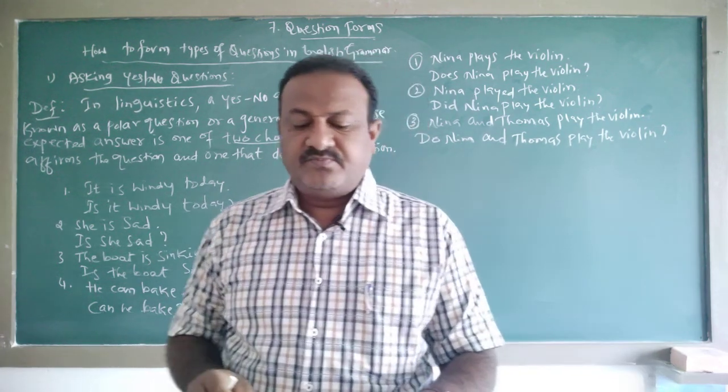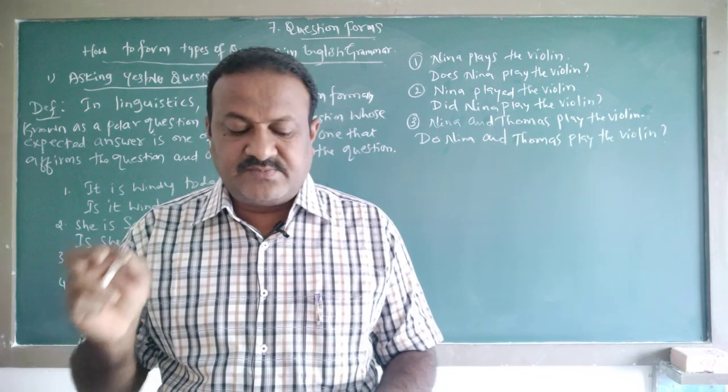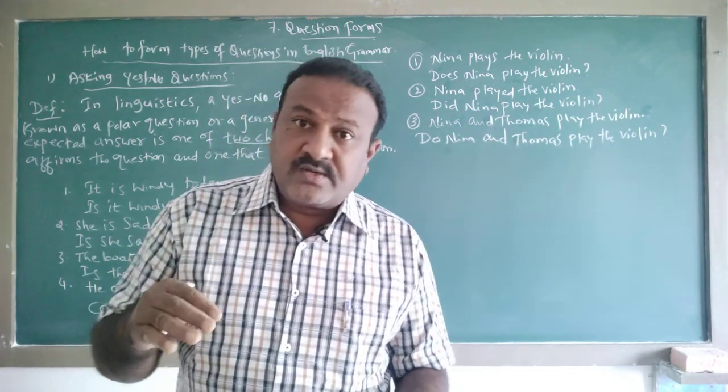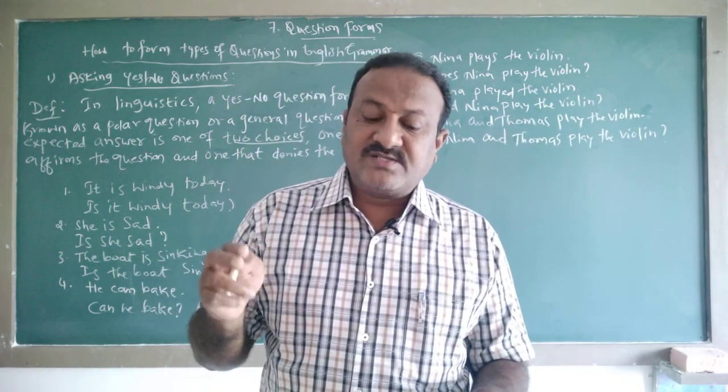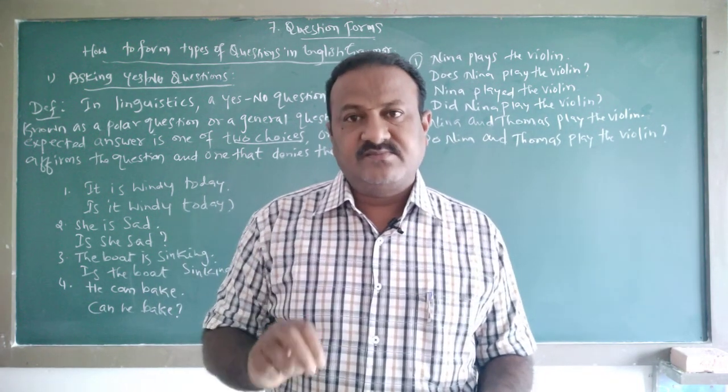Once again, I will repeat this one. Yes or no questions are the most basic type of question. You can use them to ask for a simple yes or no answer.